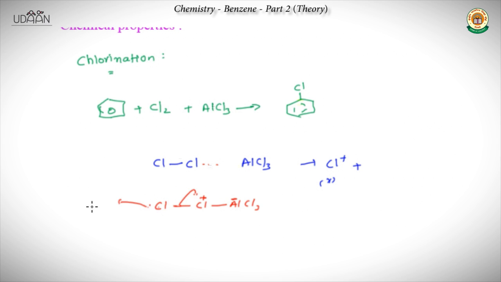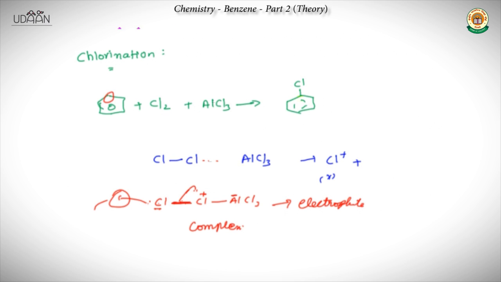That is, this attacks the substrate, which is benzene, without leaving this bond. As long as this bond is intact with this chlorine, it attacks this. So this is your electrophile. Also notice that it's a complex.